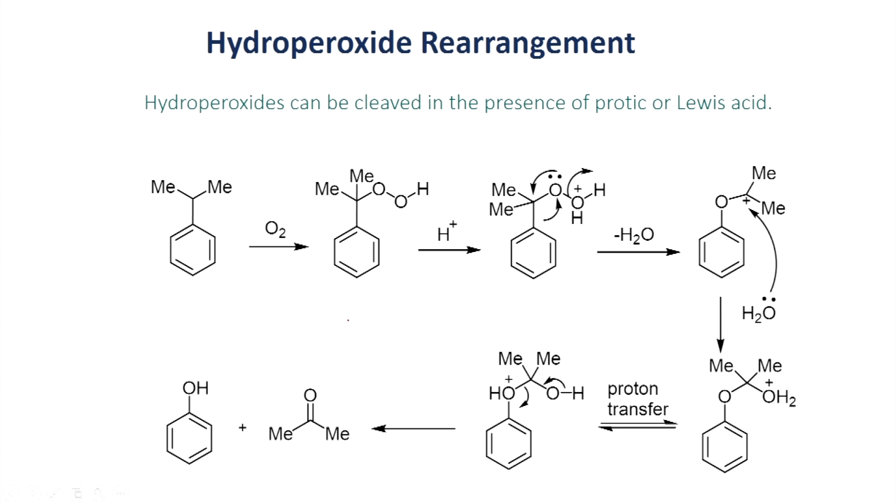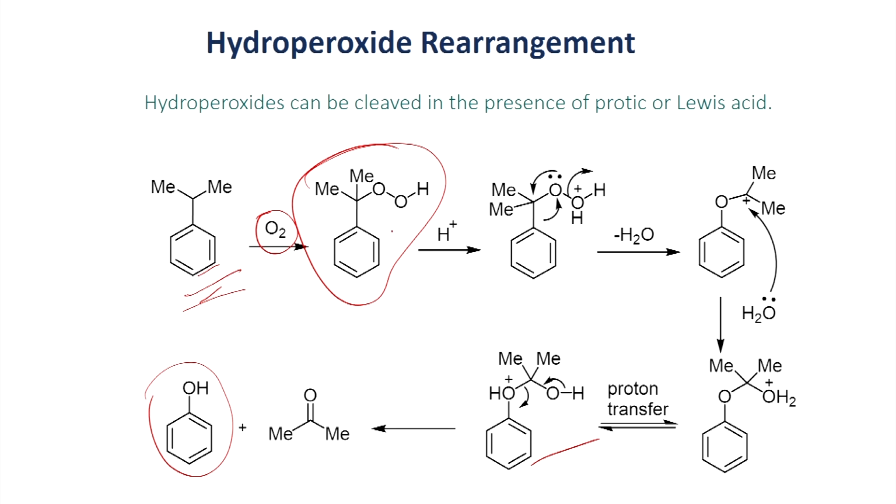And here the hydroperoxide rearrangement is shown. This is a very important industrial process to prepare phenol. If you have cumene and react it with oxygen, you will form cumene hydroperoxide. Once you form this one, when you react with the acid, as we have seen, protonation of this gives this.